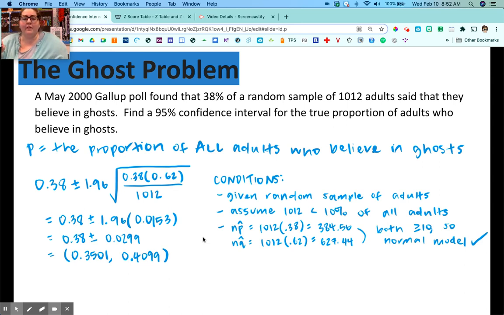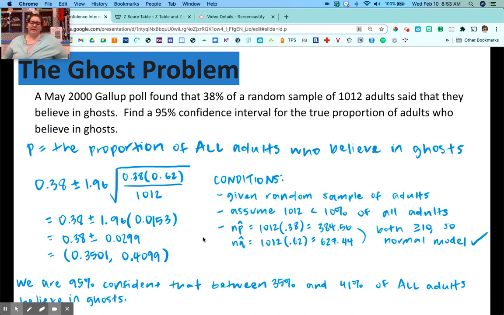So that's an important thing to include. We have to include the confidence level. We also want to make sure and include context. So we're 95% confident that the proportion of all adults who believe in ghosts. So make sure you're including context with the problem. And then we include the interval itself is between 0.3501 and 0.4099.